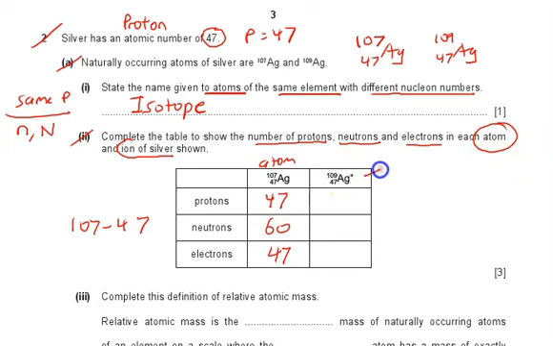This part is an ion. Please remember, if they form an ion, the proton number never changes. Only the electron number changes, because electrons are the ones being donated or received. So here will be 46. And for this one, 109 minus 47, you'll get 62, and this is your neutron number.